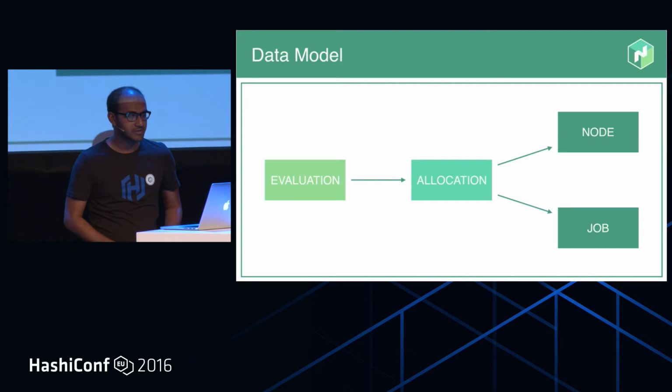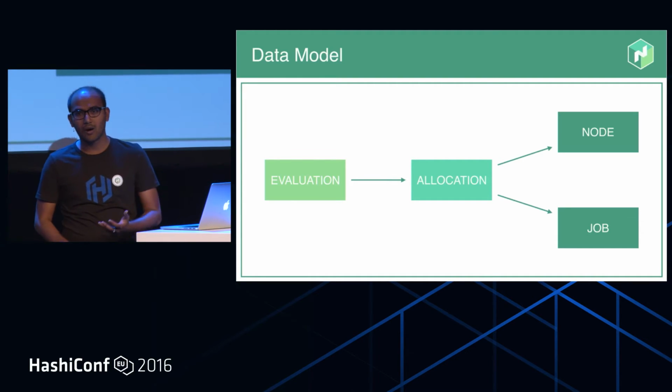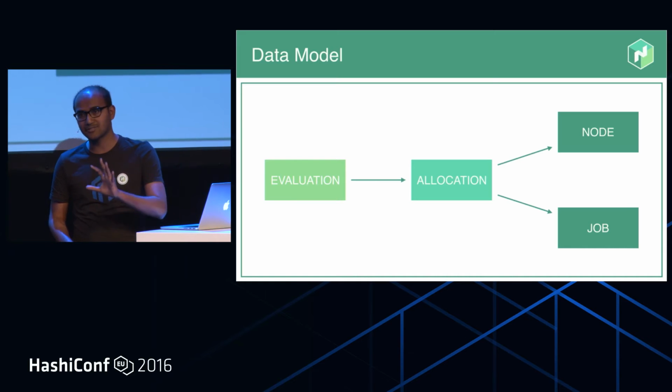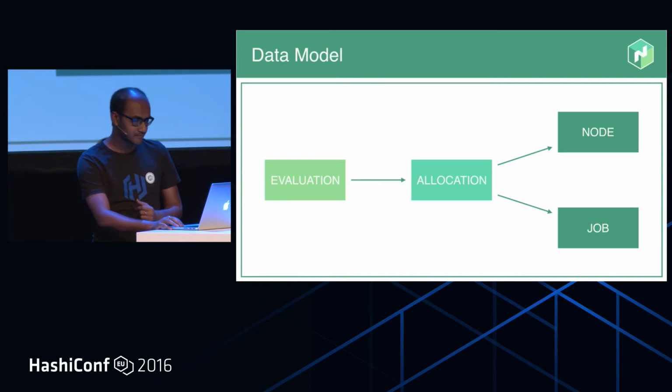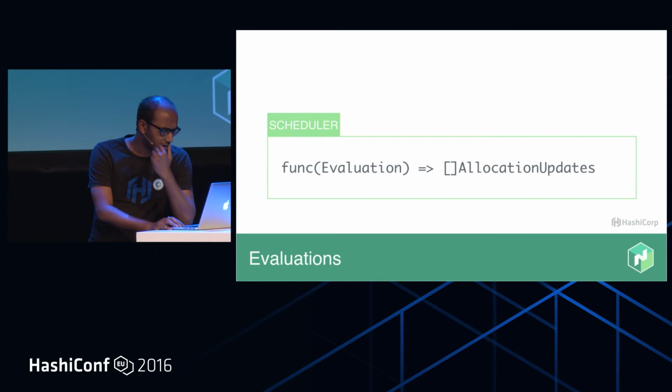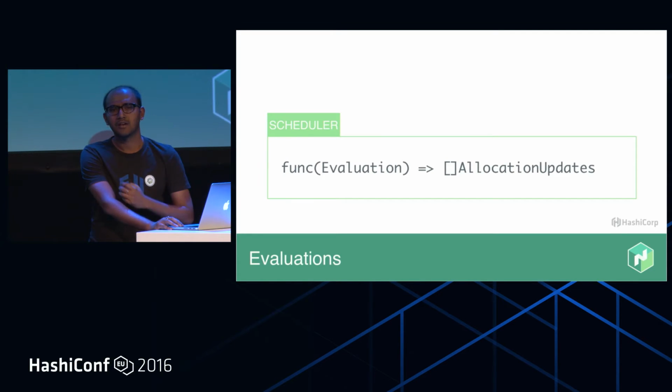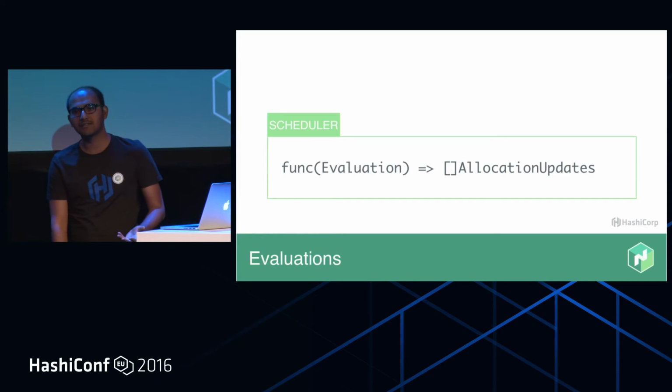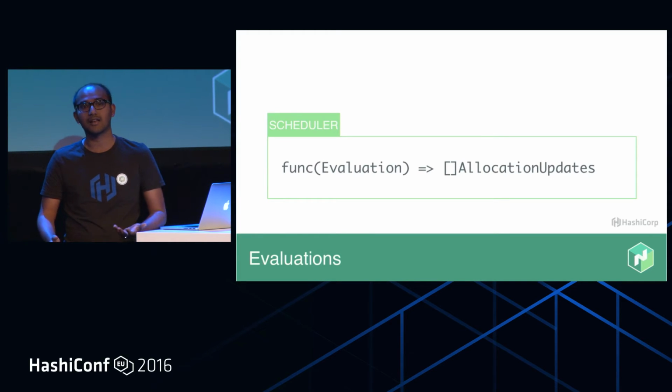Every node running a Nomad client is going to download the allocations and actually run the processes. You can think of an evaluation as a function which the scheduler runs, and the result of the function is a bunch of allocation updates. So when you submit a job, that can be an evaluation which produces thousands of allocations.